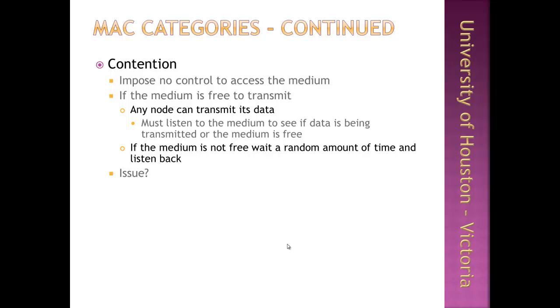Every node connected to the medium is allowed to transmit if it finds that the medium is free for transmission. Here, the node that wants to transmit data must listen to the network to sense whether there is a node transmitting data or not, basically to see whether data is flowing or not. This is also called carrier sensing.